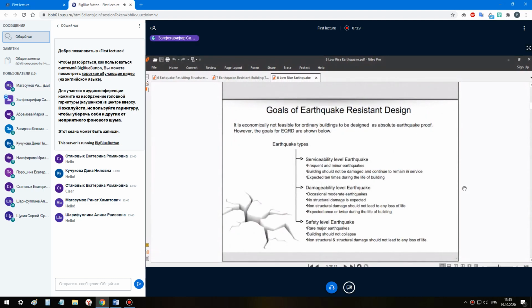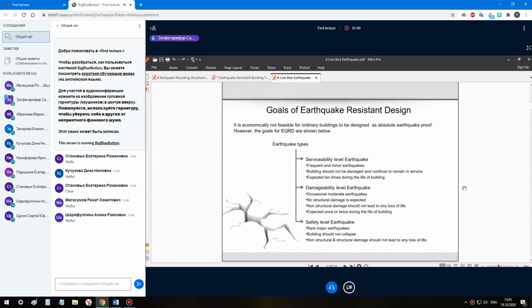What are the goals of earthquake resistant design? It is economically not feasible for ordinary buildings to be designed as absolutely earthquake proof. However, the goals for EQRD, earthquake resistant design, are shown in this slide.